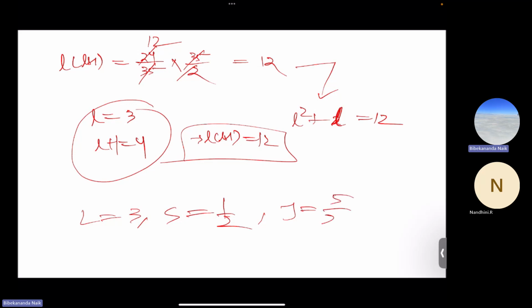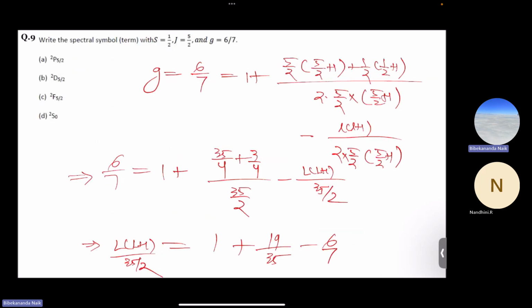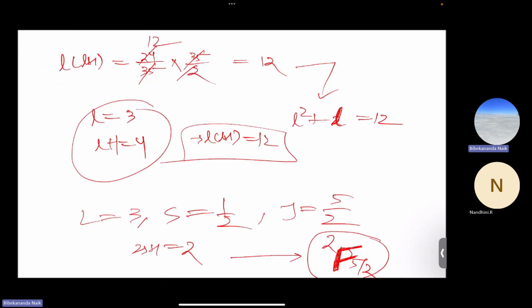Since S is half, 2S plus 1 will be 2. So the term arising from it will be 2. L is 3 means F, since S, P, D, F, and J is 5 by 2. So it will be 2F 5 by 2. So the correct option will be 2F 5 by 2, which is option C.